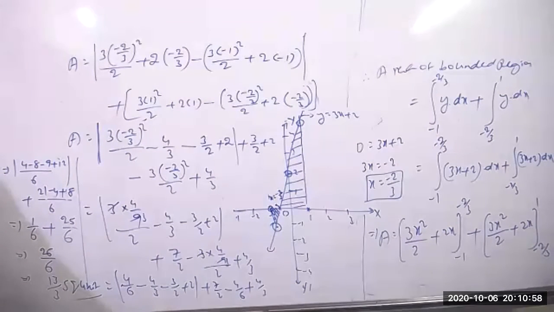And if they give two parabolas, then how to find the bounded region? If you do that, then the chapter is almost over. Chapter is done. So we will hardly complete it within 2 classes.